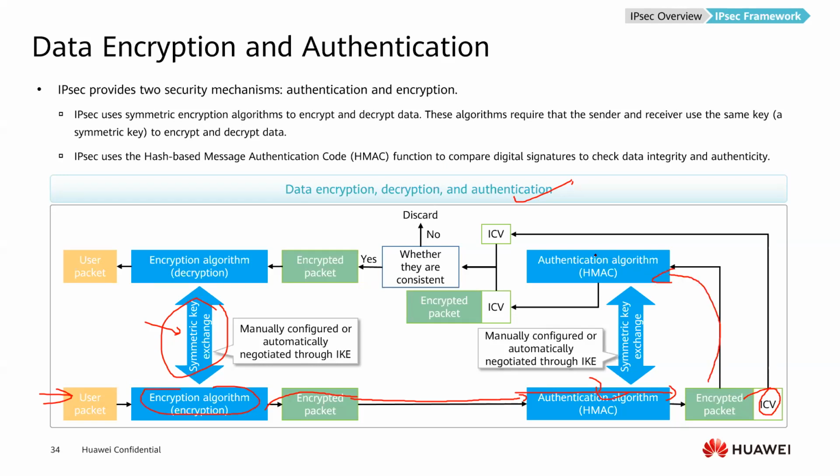When it reaches the other side, it will do the hash algorithm to calculate and decide whether those two hash numbers are equal or not. If they are equal, which means it is consistent, I will process and try to decrypt the packet and send it out. Okay.